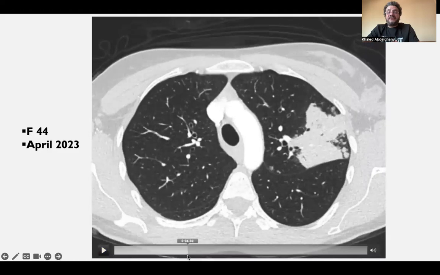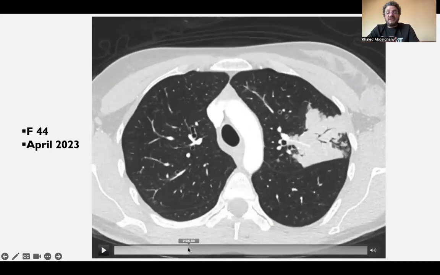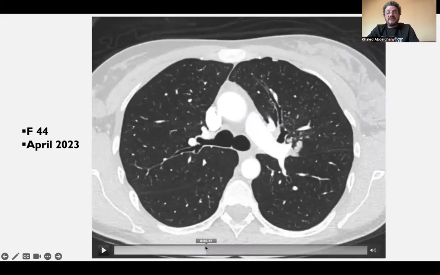Here we have nodules along the fissure, indicating Grandin nodules. Aside from the centrilobular nodules of soft tissue density, we have here nodules along the fissure. This should highlight the presence of metastasis from the start, from the initial scan.